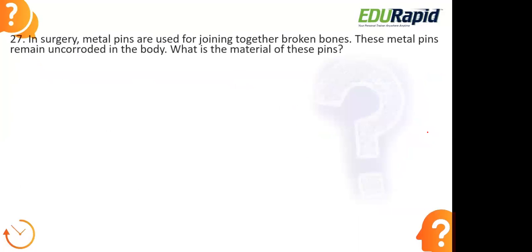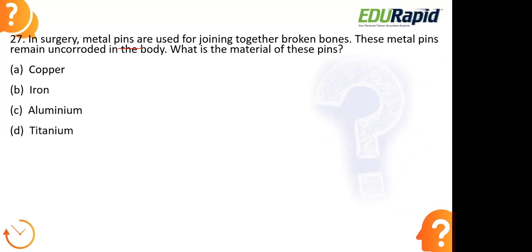Next question. In surgery, metal pins are used for joining together broken bones. These metal pins remain uncorroded in the body. What is the material of these pins? Copper, iron, aluminium, titanium.